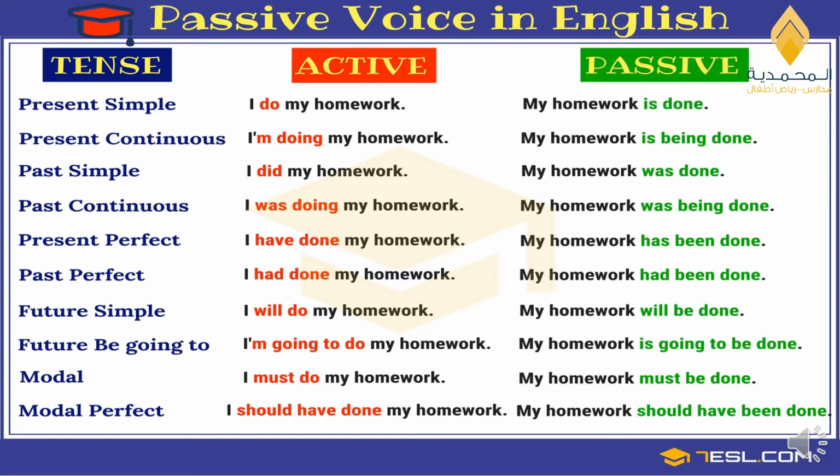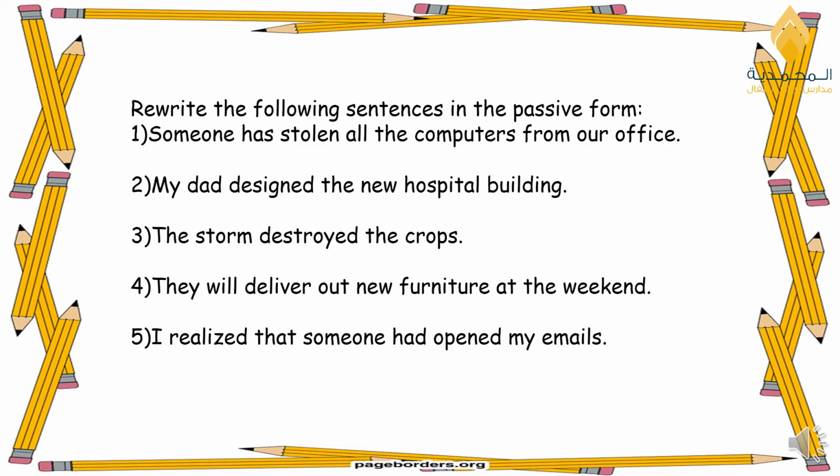And in the past perfect, you just use had been rather than has been or have been, and then the verb 3. If I have a future simple sentence, for example, I will do my homework, we know that will, or modals in general, are followed by the base form, right? So what is the base form of the verb to be? It is be. So I have to say will be done. My homework will be done. Clear?